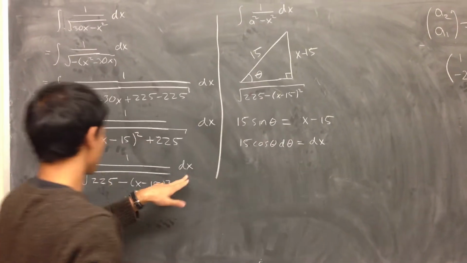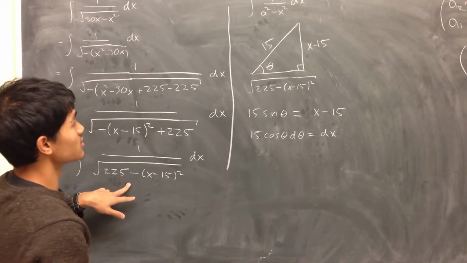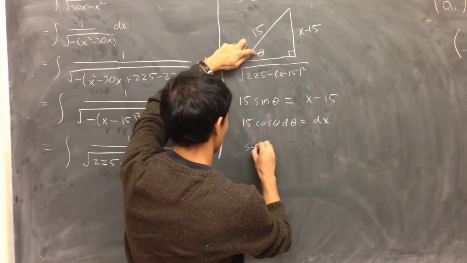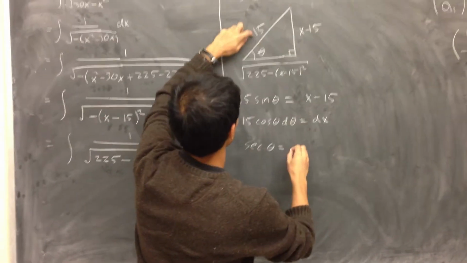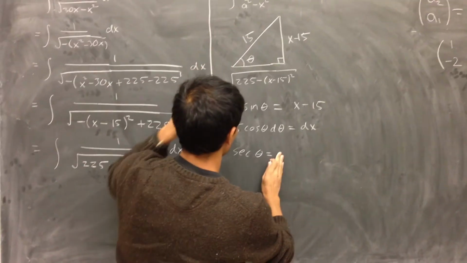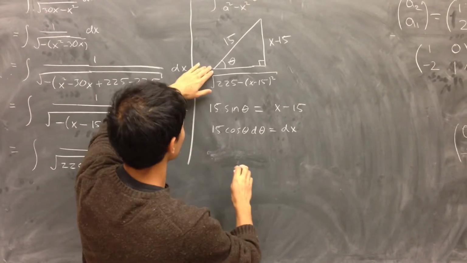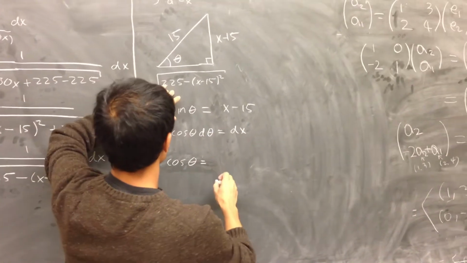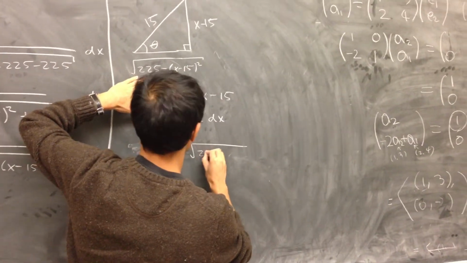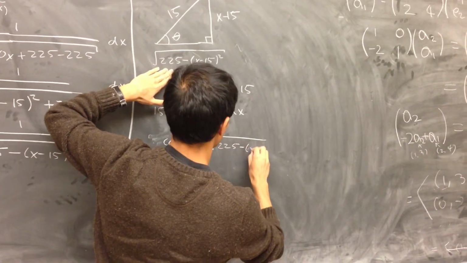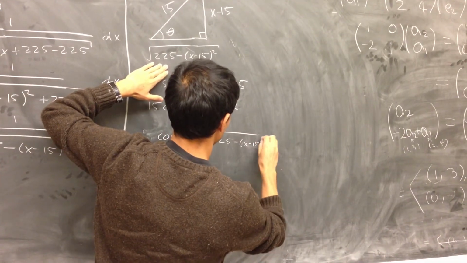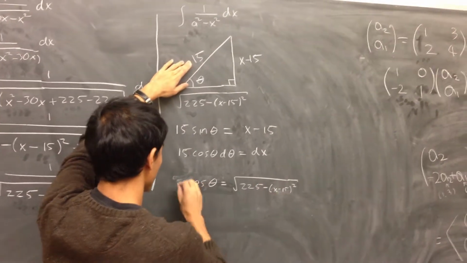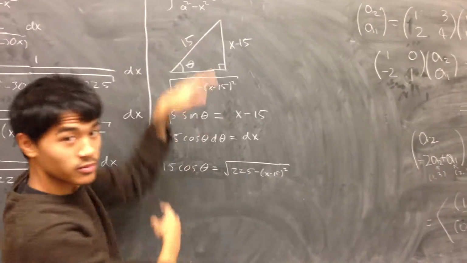So we have our dx, and now we need to write what this is. I want to use cosine. Cosine theta will be adjacent, the square root of 225 minus x minus 15 squared, divided by the hypotenuse, which is 15, so multiplying both sides by 15.